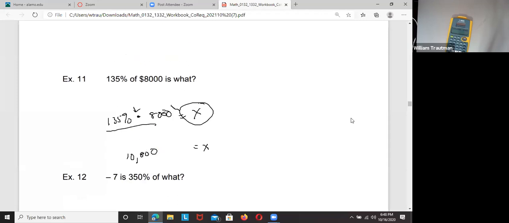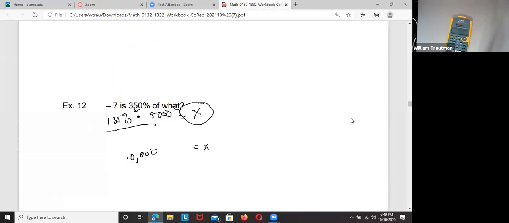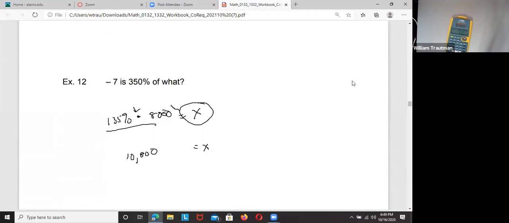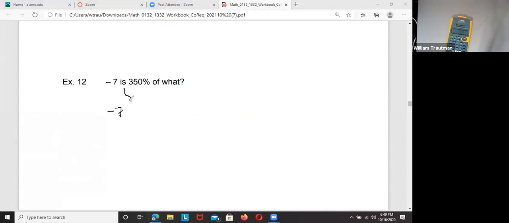And number 7 is done the same way. Just multiply those two together. Wait, oh no, it's not. It's a little different. By the way, that's the last one. So let's do this one. Negative 7, once again the word "is" equals 350% of what number? So we're just looking for the number. I need to take the 350% to the other side.